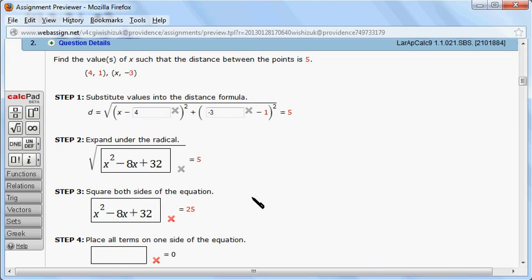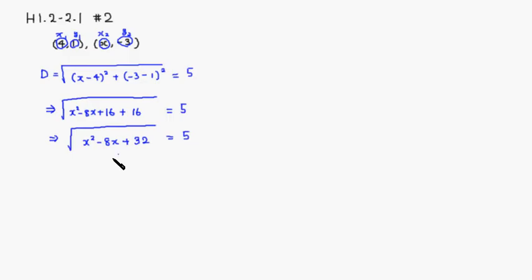Alright, so by subtracting both sides, maybe I should use the paper here. Okay, so by squaring both sides, we get x squared minus 8x plus 32 is equal to 25, 5 squared, right?